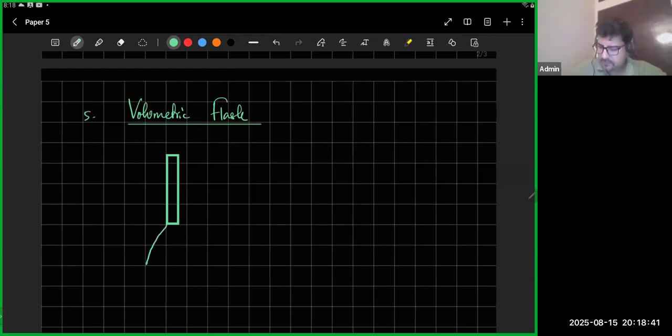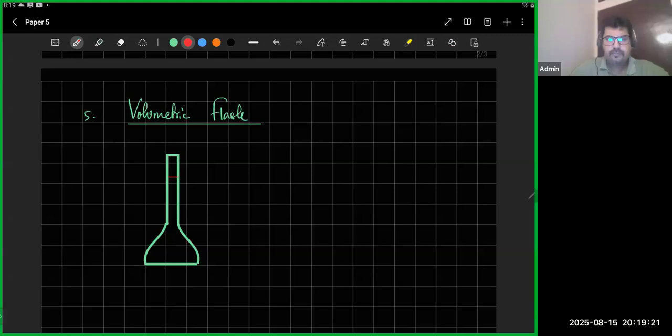It's got a longer neck. अच्छा, this one has a much longer neck, and it has normally just one graduation on top of it.